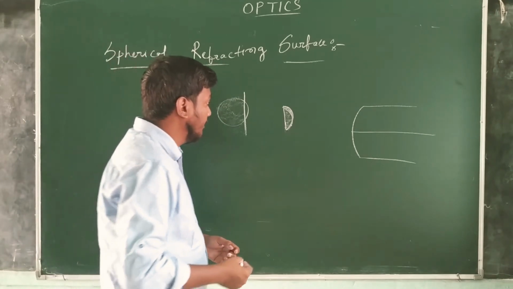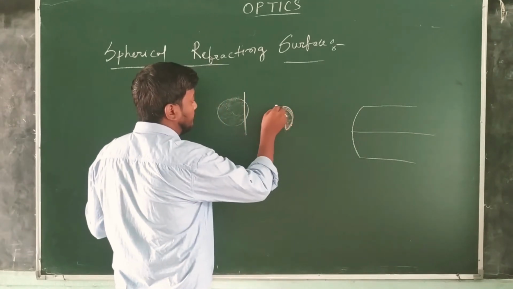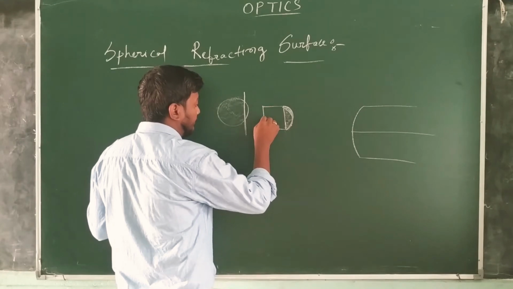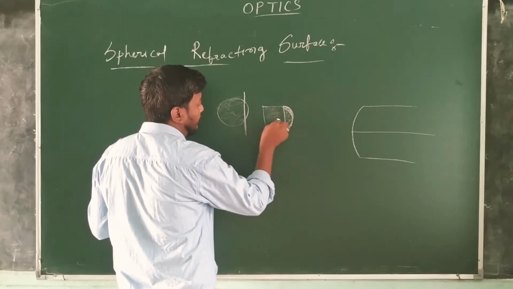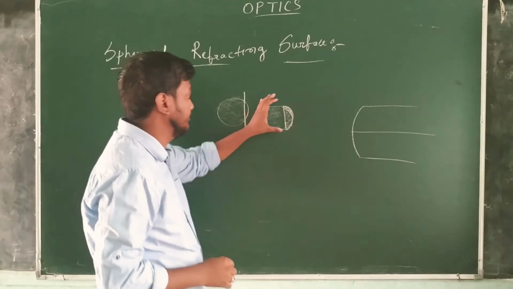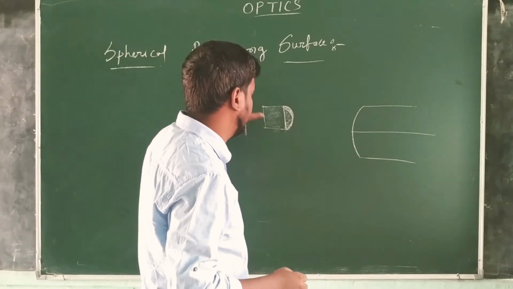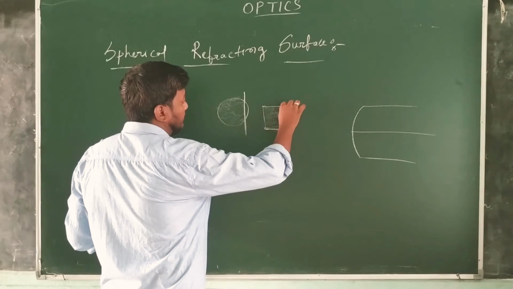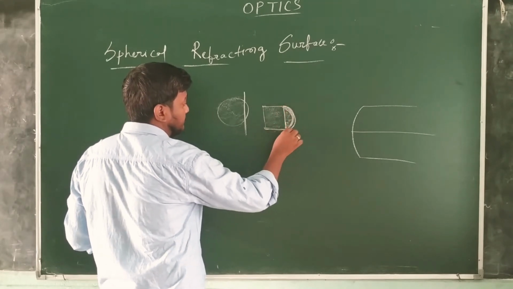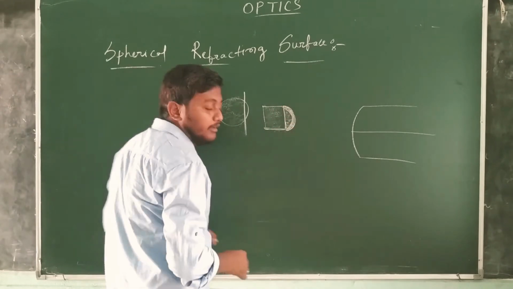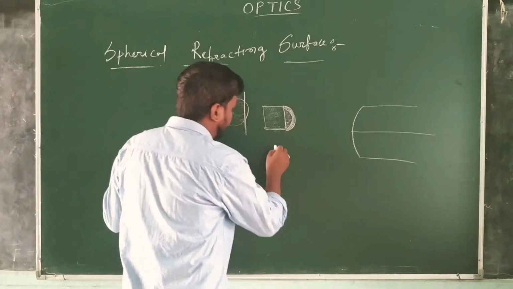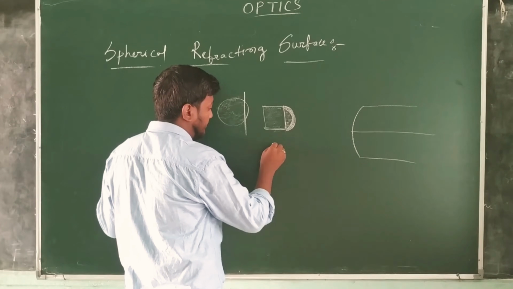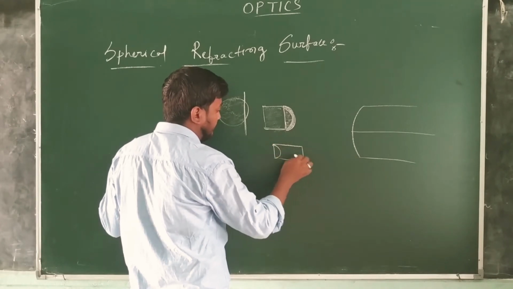Understand? Suppose we join another piece of glass, another glass plate, on this side. Then it will be a convex spherical surface, not concave, convex spherical surface.